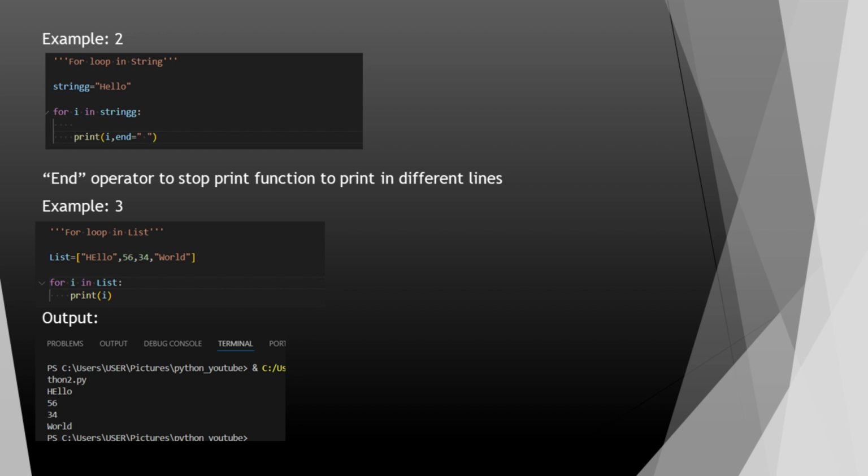When I use for loop in my list, for i in list, and write my print statement, print i, in the output below you can see, now observe how each string and integer in the list is printed on a separate line when I use a for loop on a list. You can see the difference when I used for loop on a string, and now the difference when I use for loop on my list objects.